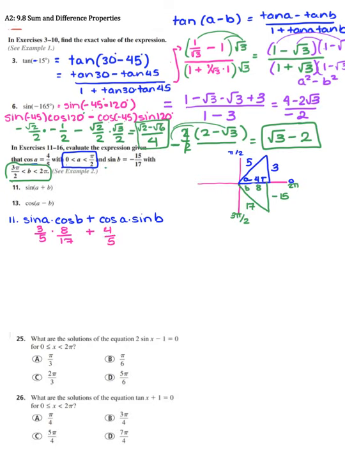And the sine of B is the opposite over the hypotenuse. So we have a common denominator, 5 times 17, of 85. And on top I've got 24 minus 60. So this will simplify out to negative 36 over 85. That would be the answer for number 11.